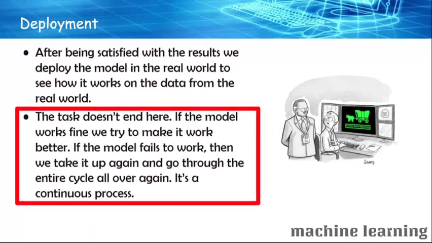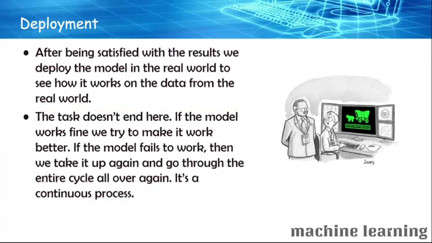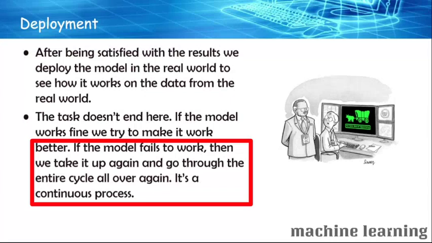The task doesn't end here. If the model works fine, we try to make it better. Maybe in the pre-processing step, the data transformation, we might do something a little more, which will reduce the features and bring the prediction accuracy up. Or if the model fails to work, then we will take it up again and go through the entire cycle again.